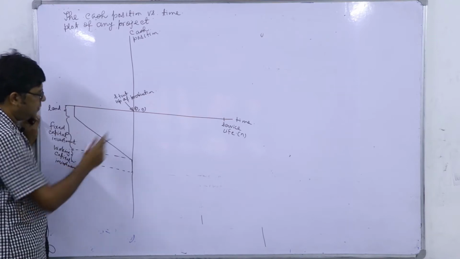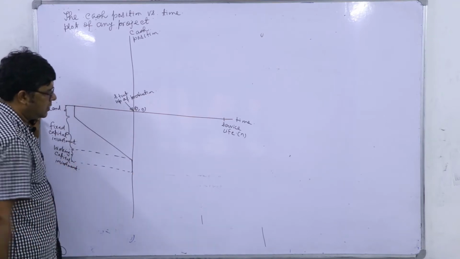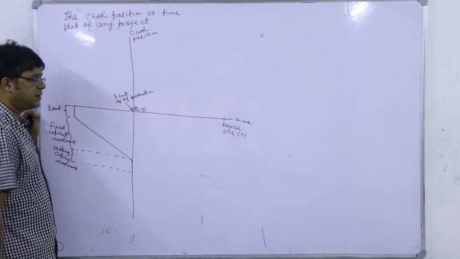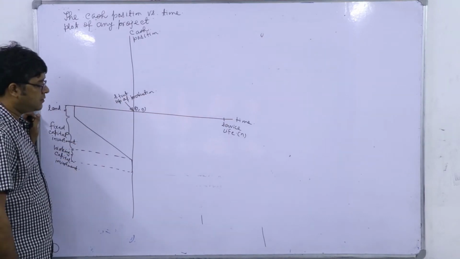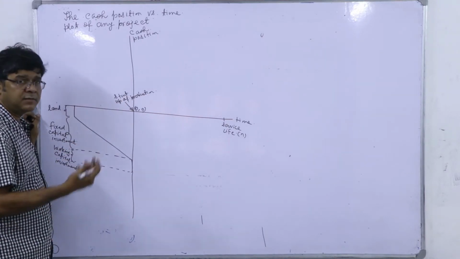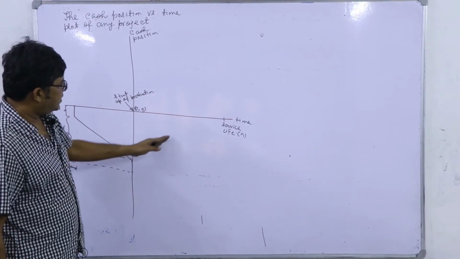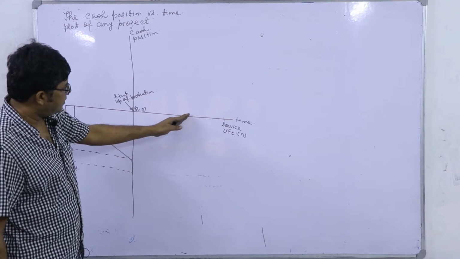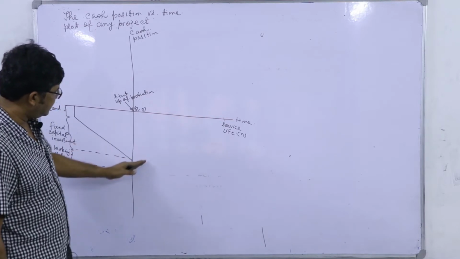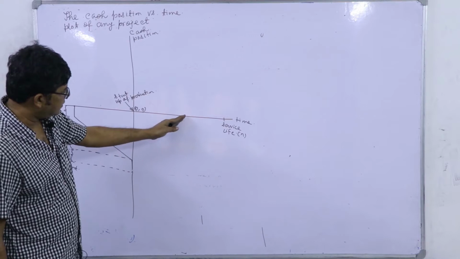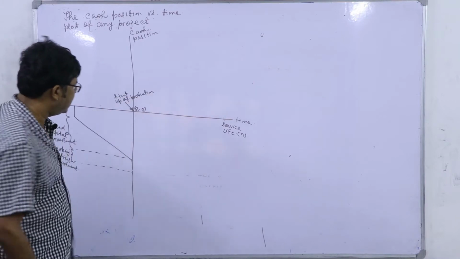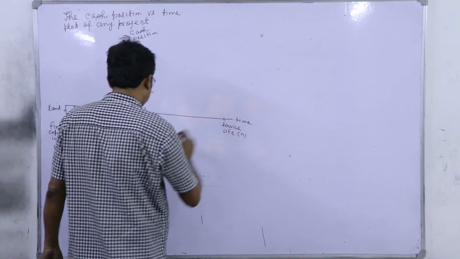So, my cash position goes down by a large amount when we are starting the production. Once the production starts, definitely we are earning profit. As we earn profit, including depreciation, after some time this line crosses the 0 line again, and we go to the profit side.